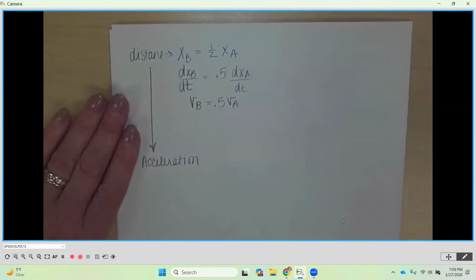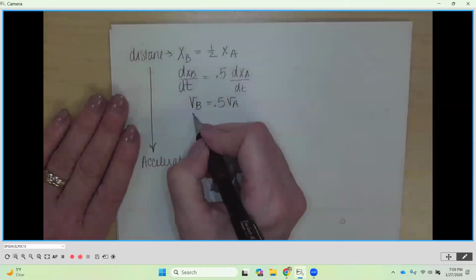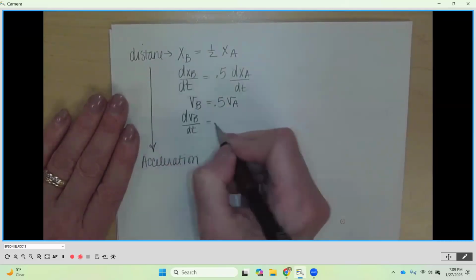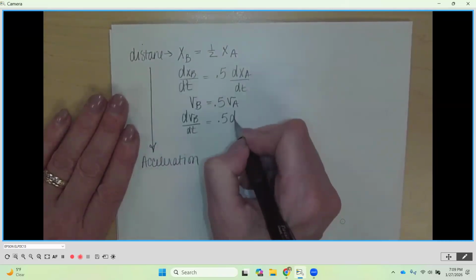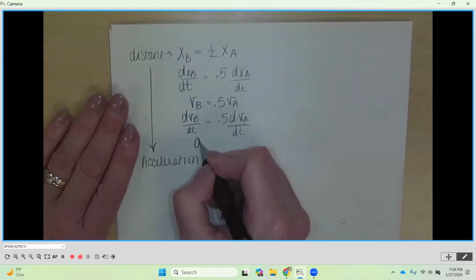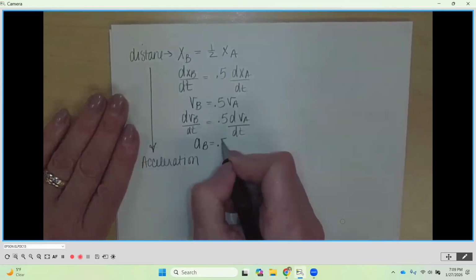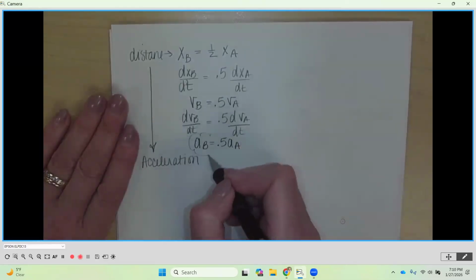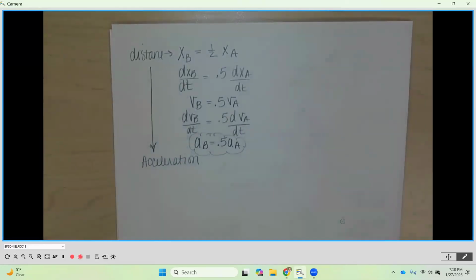And now to get to acceleration, I'm going to take the derivative of velocity with respect to time. So dvb over dt is equal to 0.5 dva over dt. And what do I get? The acceleration of B is going to be equal to 0.5 the acceleration of A. This is my fourth equation, relating the accelerations of A and B. Does that make sense?